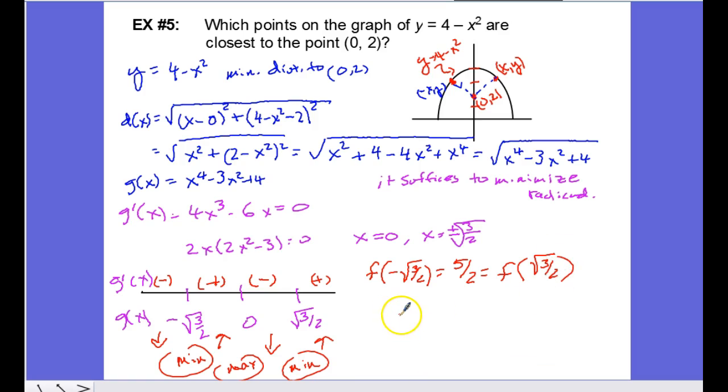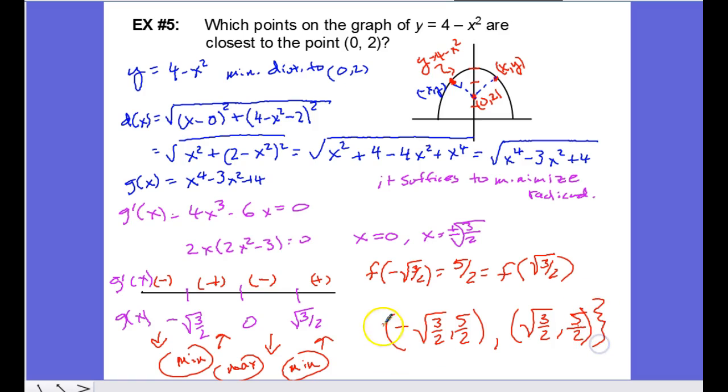And so the 2 points that are going to have the smallest possible distance to the point (0, 2) are (negative square root of 3/2, 5/2) and (positive square root of 3/2, 5/2). And our solution set of ordered pairs will be our answer.